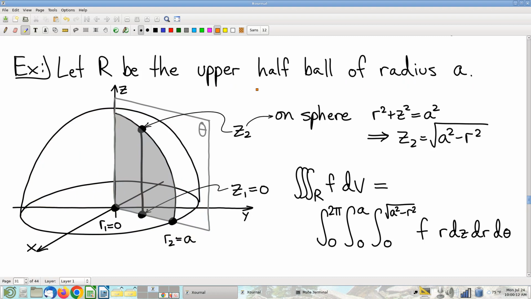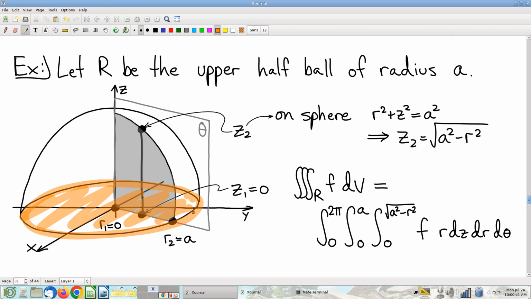Again, you could do this in rectangular coordinates, but we've got our sphere there, which is going to mean square roots are going to show up in your bounds. Nobody wants that, so let's not do that. What does it look like in cylindrical coordinates here? Well, actually, it would be worse than that. Not only would you have a square root coming from this upper bound, but then furthermore, looking at your projection in the xy plane, you'd have square roots in those bounds as well.